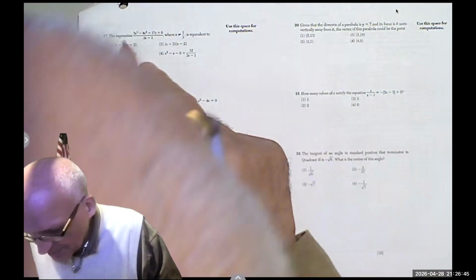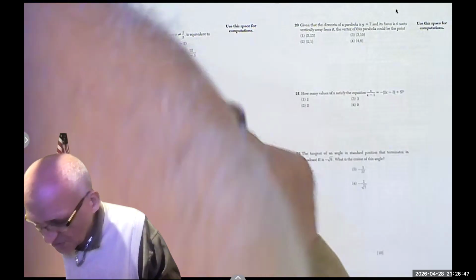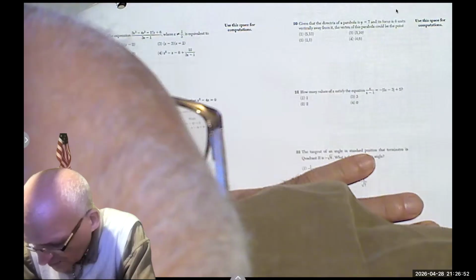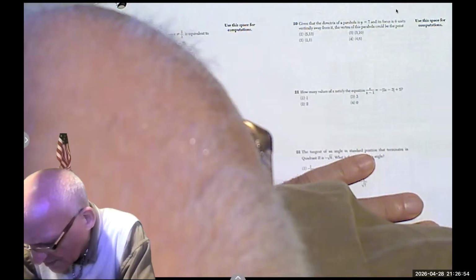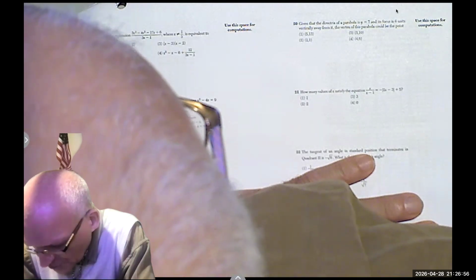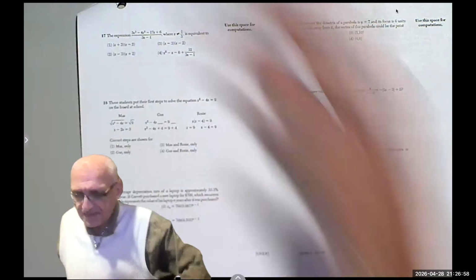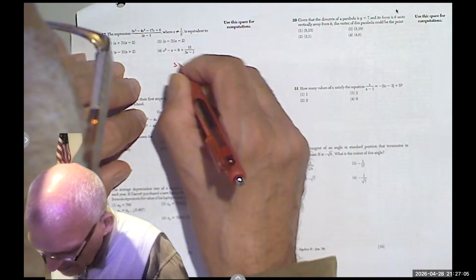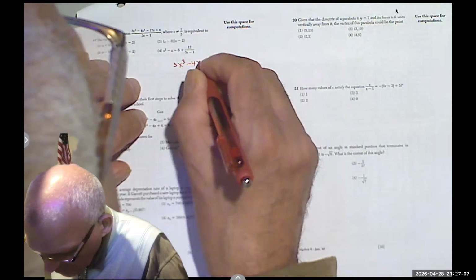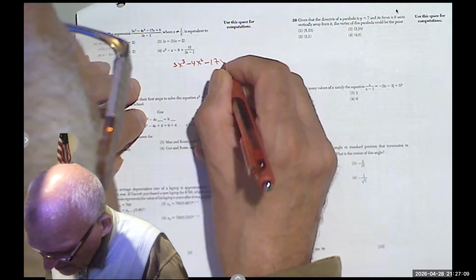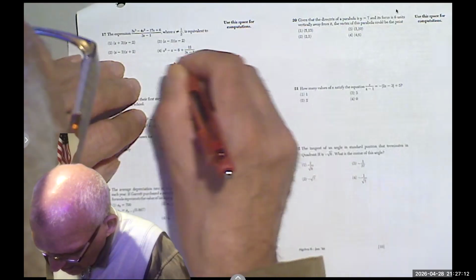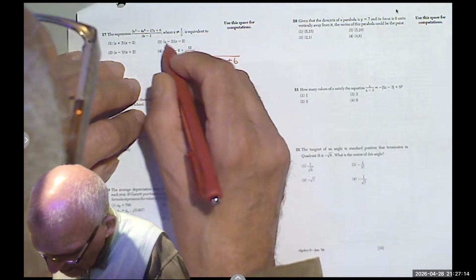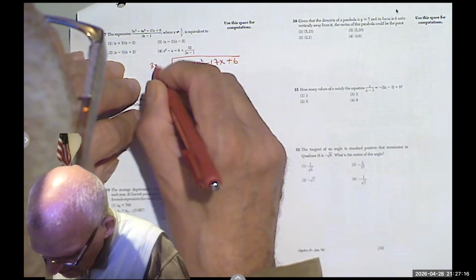The expression 3x cubed minus 4x squared minus 17x plus 6 over 3x minus 1, where x doesn't equal 1/3, is equivalent to what? Okay, so that's a long division. You write 3x cubed minus 4x squared minus 17x plus 6 over 3x minus 1.